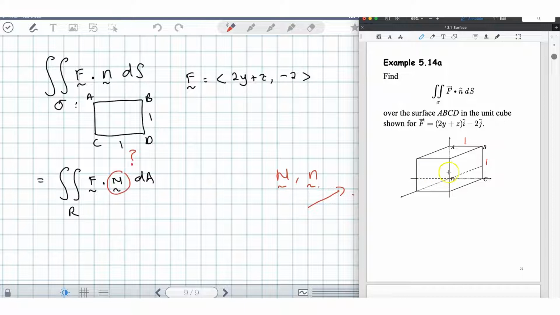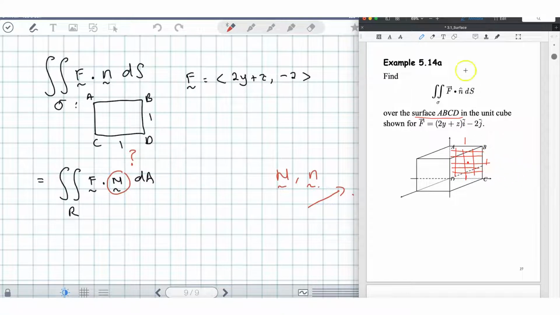Imagine this is a cube, a box, what is the direction so that you can say the normal vector always points outward to the surface? We have to put an arrow. So this is your plane, your surface ABCD.